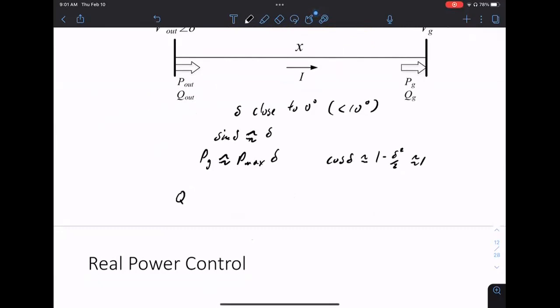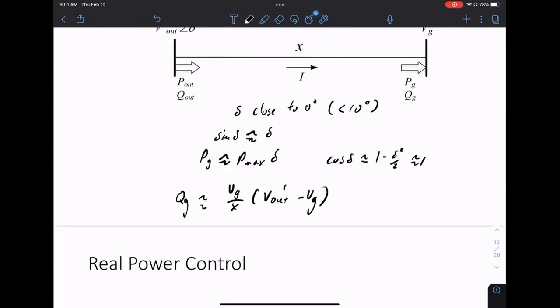And then you have a very interesting equation for Q now. So what does this say? If you make this roughly 1, there's no angle anymore in this.